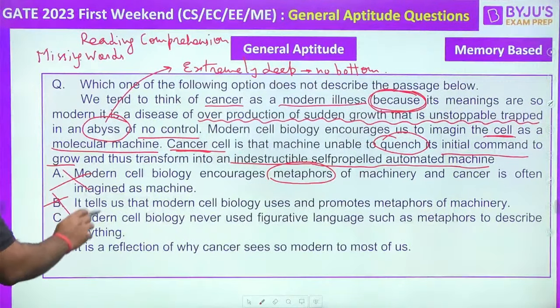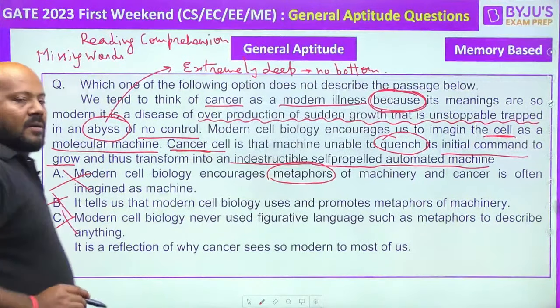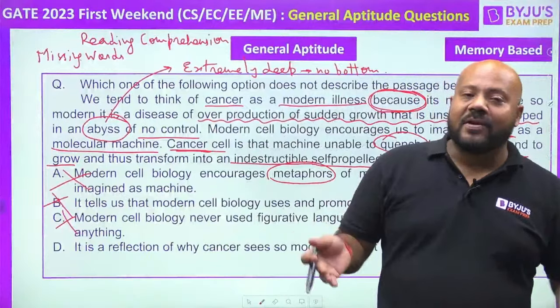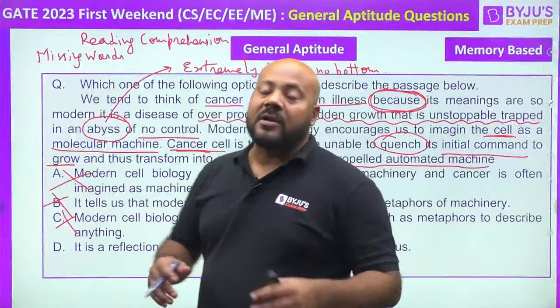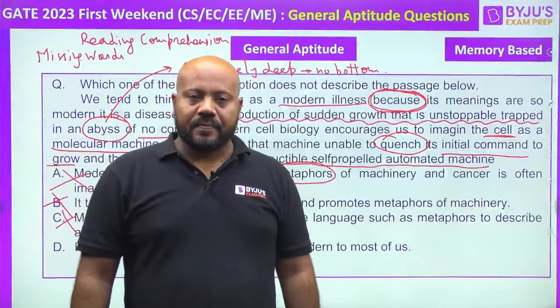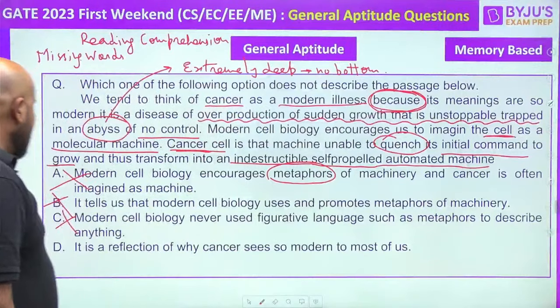C: modern cell biology never used figurative speech. This is also wrong. The passage is not about whether modern cell biology uses figurative speech or not. What is figurative speech? बढ़ा चढ़ा के किसी बात को बताना. Pomp and show, being hypothetical in nature. So C is also wrong.